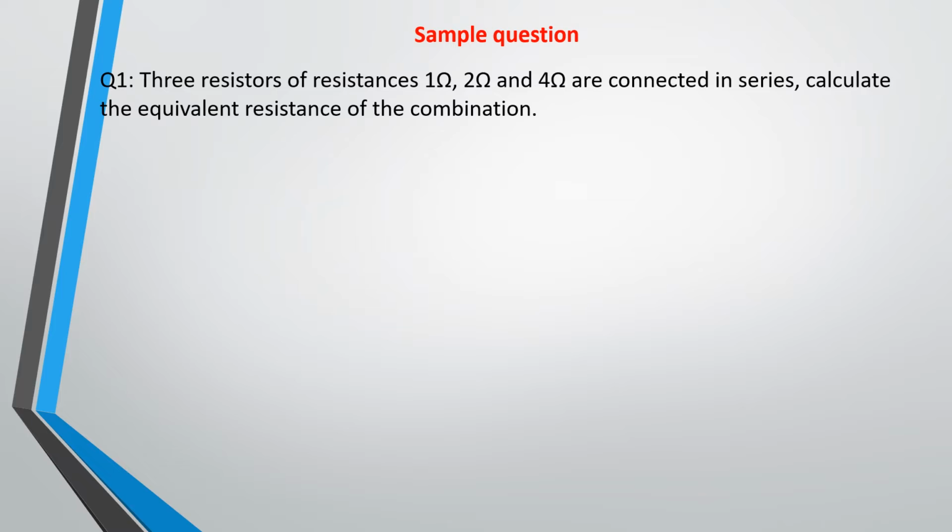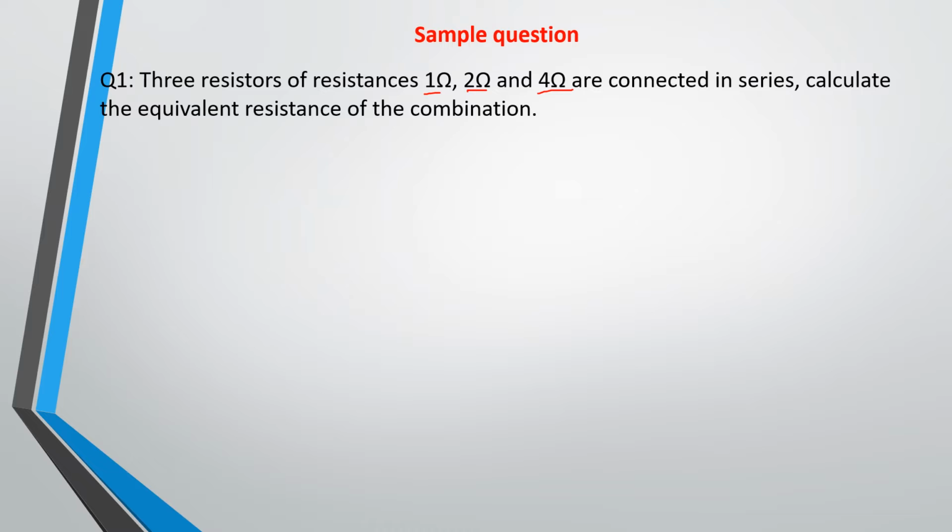Three resistors of resistance 1 ohm, 2 ohm, 4 ohm. I think I've not mentioned this, but know that resistance is measured in ohms. So three resistances, 1 ohm, 2 ohm, 4 ohm, are connected in series. Calculate the equivalent resistance of the combination.